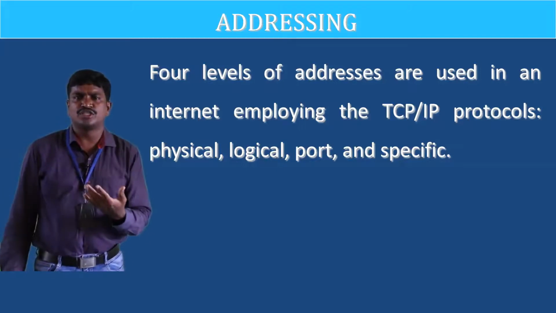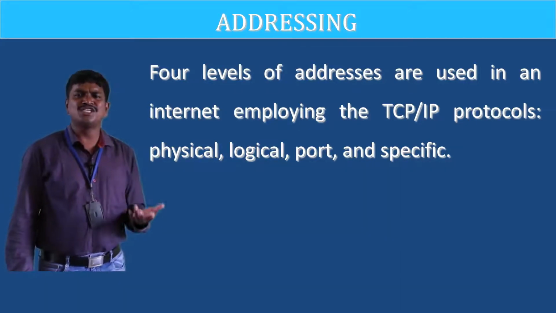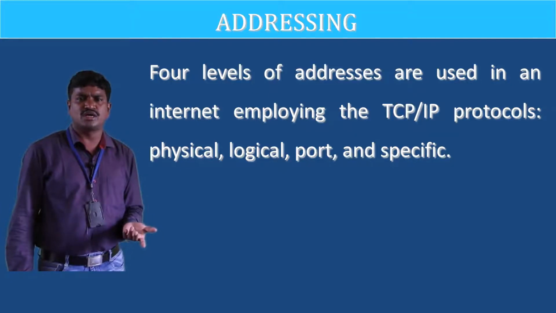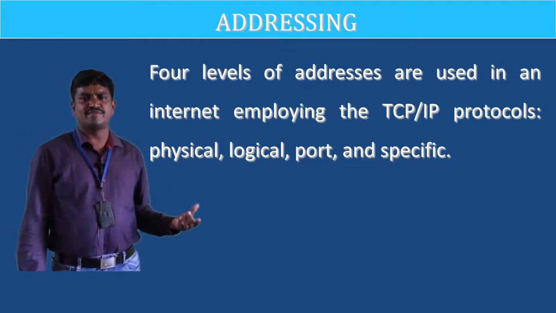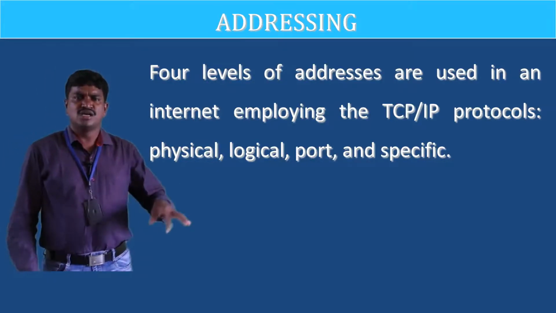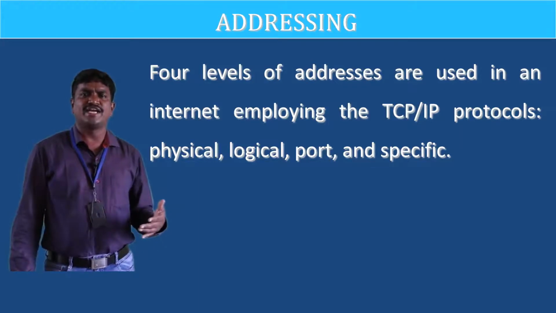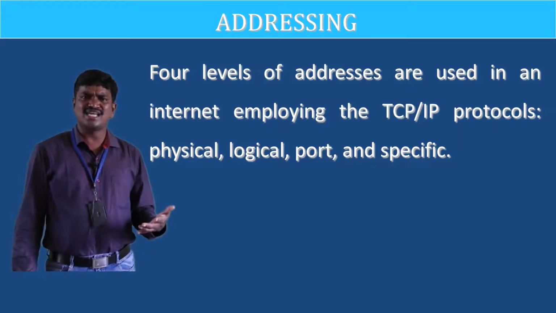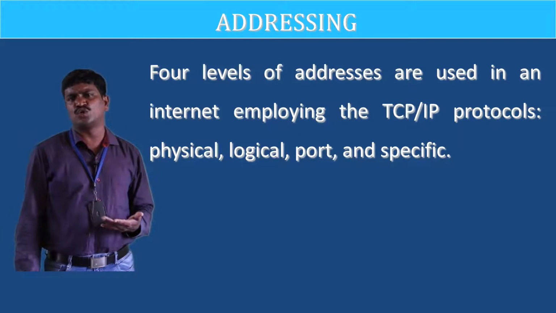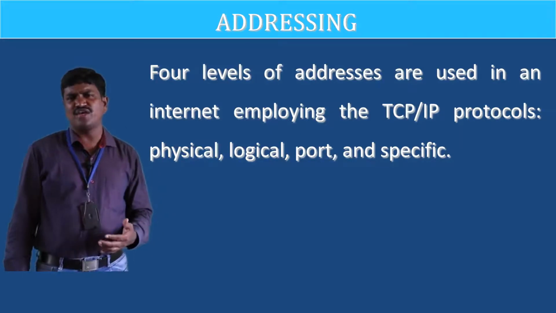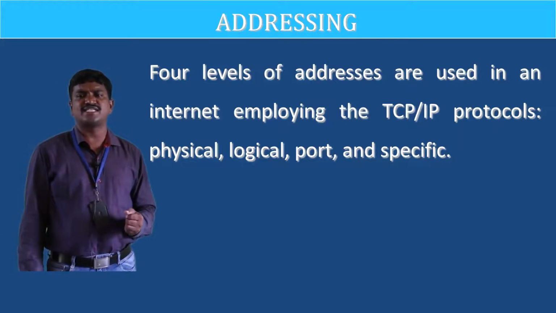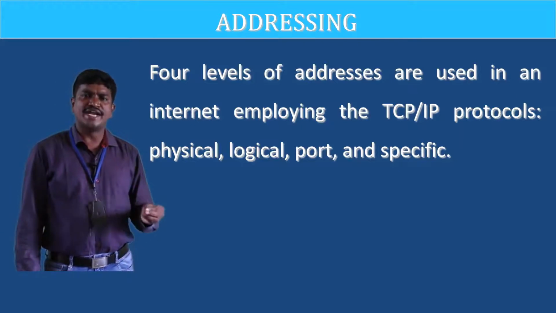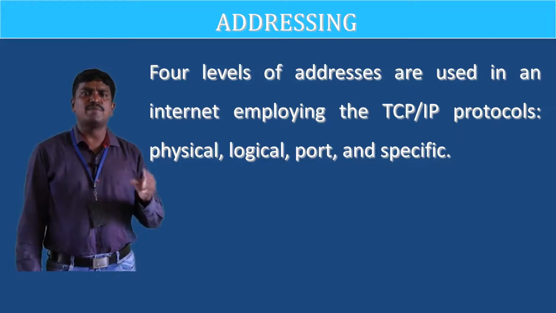When I'm communicating, I don't know what your IP address or logical address is. What I know is a special address like WhatsApp, or a website address. I type it in, get into the contacts, and push a message onto your system. This is what we do as general users, but internally there are different kinds of addresses in order to identify a device or an application.